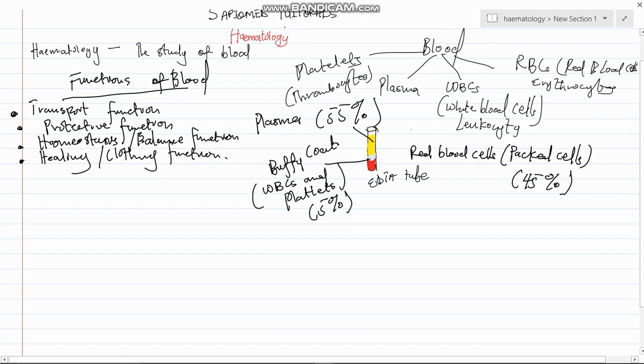So we can actually group the functions of the blood based on their component.